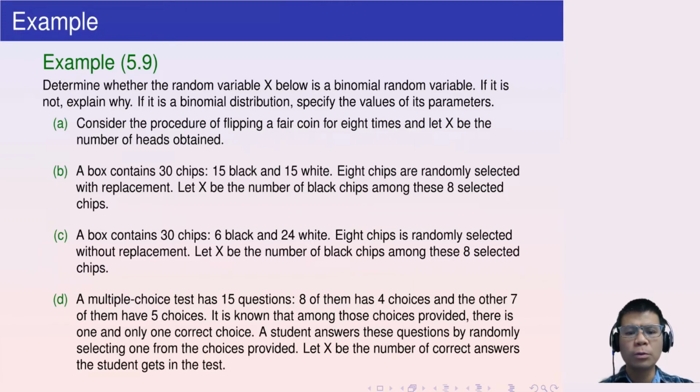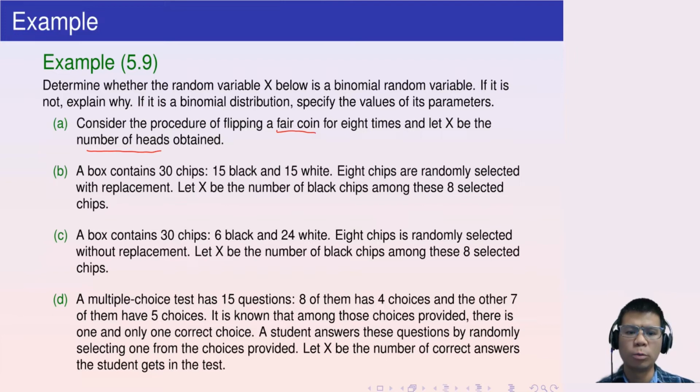Since this is a fair coin, the probability of success is always 1/2, and the coin flips are independent of each other. X is the number of heads, and heads here is a success because that's the outcome that we're counting. Therefore, X is a binomial random variable.